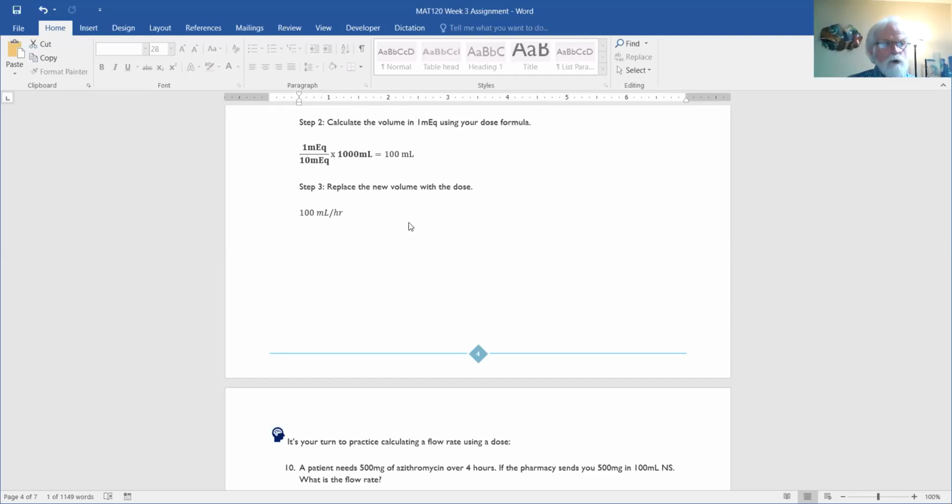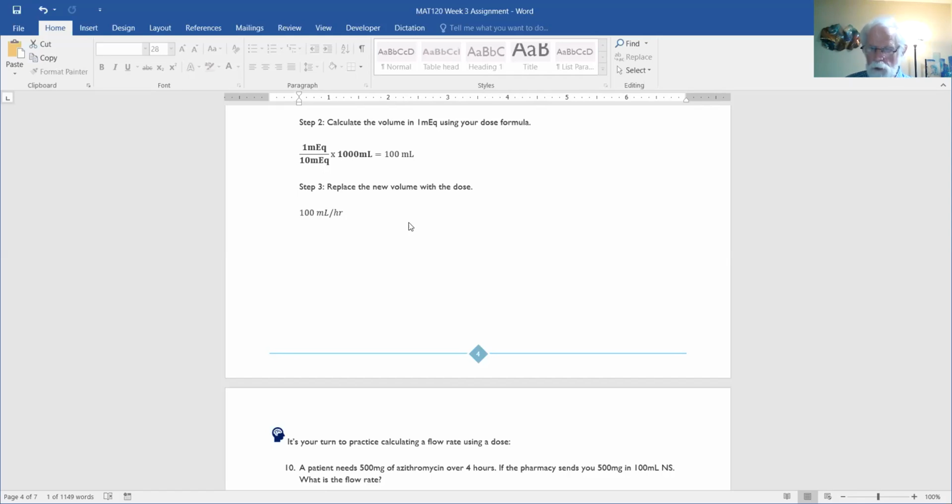It's like telling a patient, take 20 milligrams of, say, atorvastatin per day, and give them 20 milligram tablets. We don't tell them to take milligrams. We tell them to take tablets because that's what the patient actually receives.